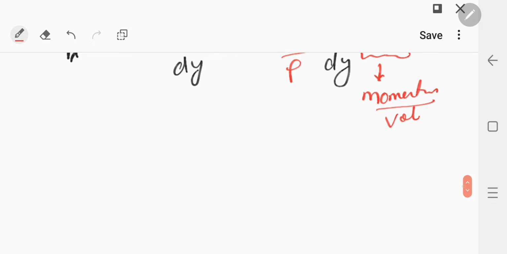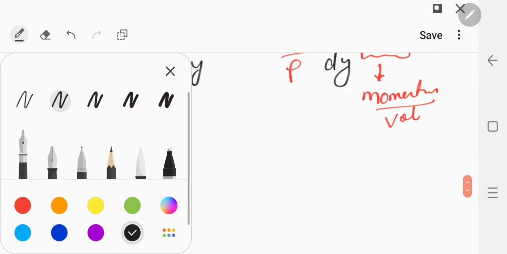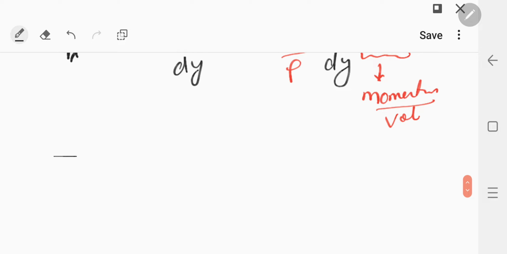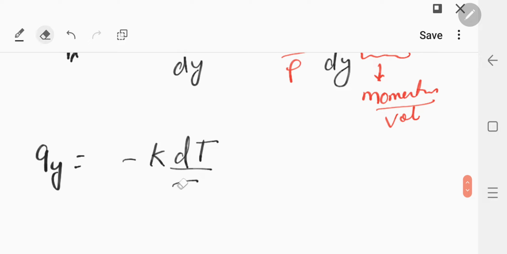Similarly, heat flux qy is minus k dT by dy.